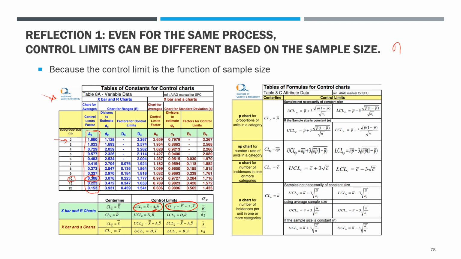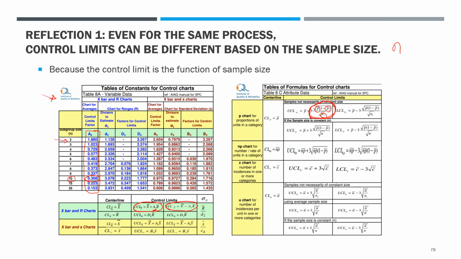That is the same with the attribute measurement data. Again, this is very clear here, right? This is the margin of error you use to construct the control chart. As you can see, p bar can be constant. However, the n, the sample size, is the one thing I'm talking about here.